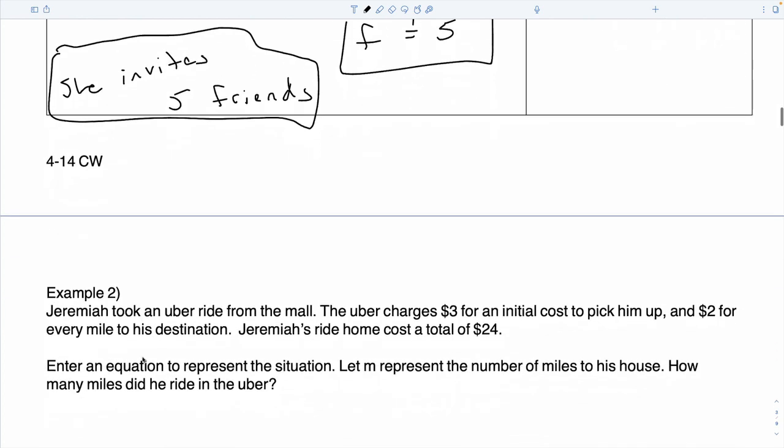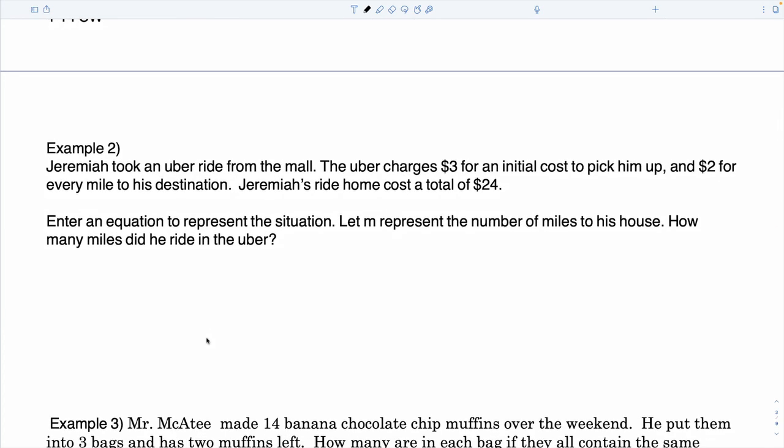Read example number 2. Let M represent. Okay, let's set it up.